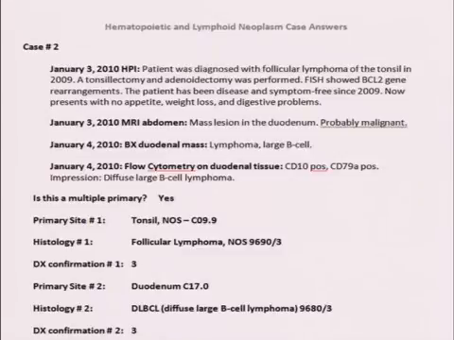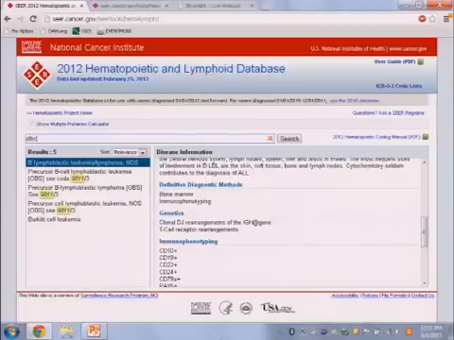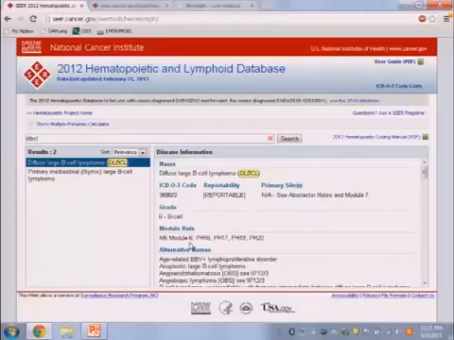So when we look at the database, put in DLBCL, and DLBCL is a pretty interesting little condition, but it has a lot of references to these rules and modules.